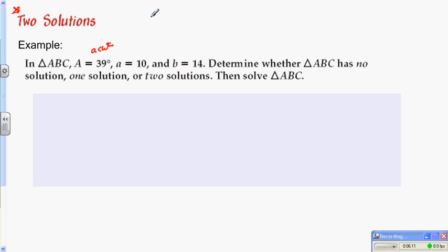So we want to figure out A, which is 10, and we want to figure out B sine of A. B is 14. A is 39. And we calculate that out. We get 8.81.